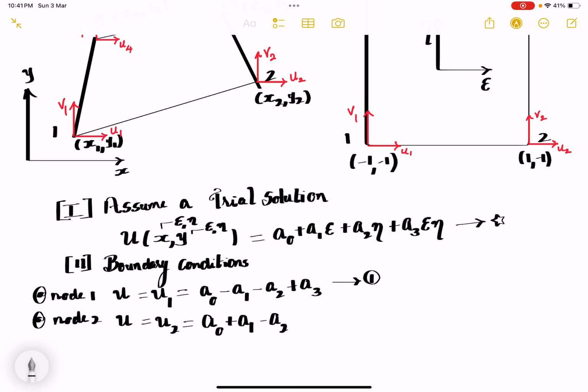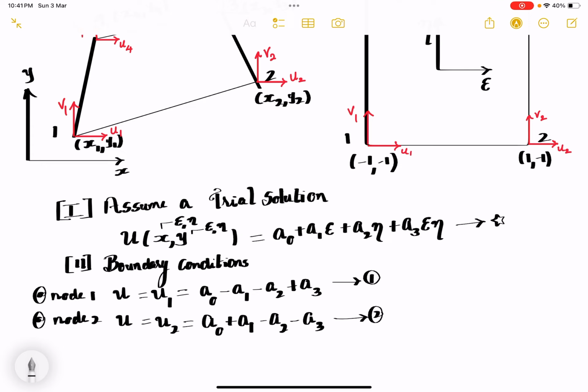And the epsilon is 1, eta is -1, so that is minus a3. If you apply the second boundary condition on the star equation that you see here, you get this equation. You can call this equation number 2.